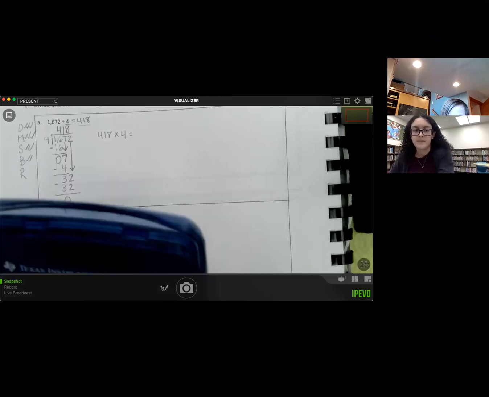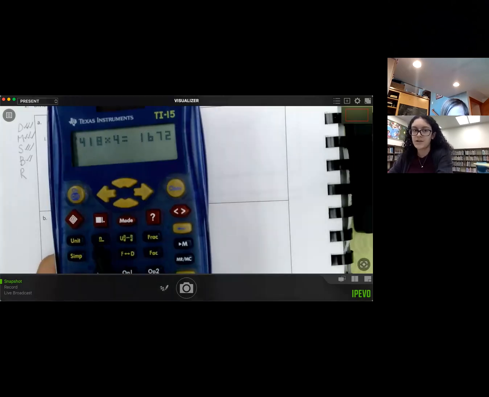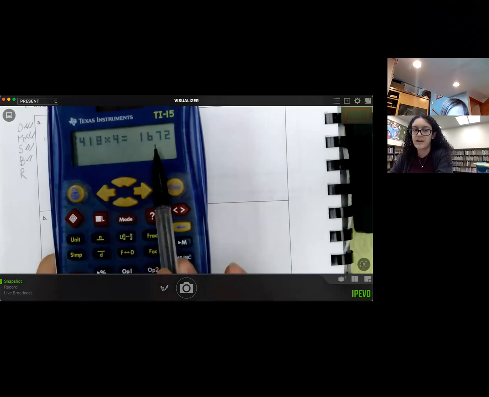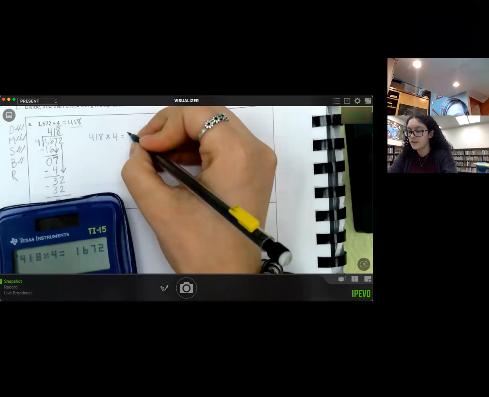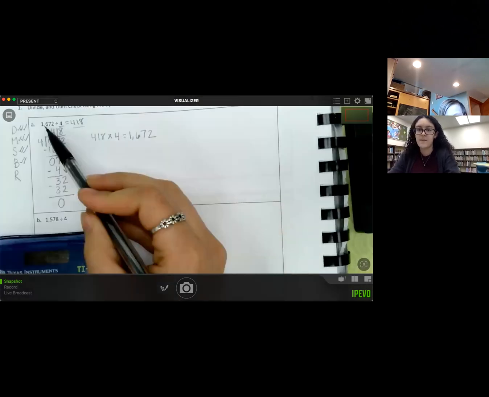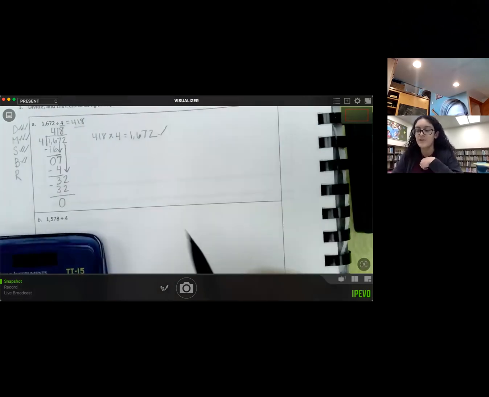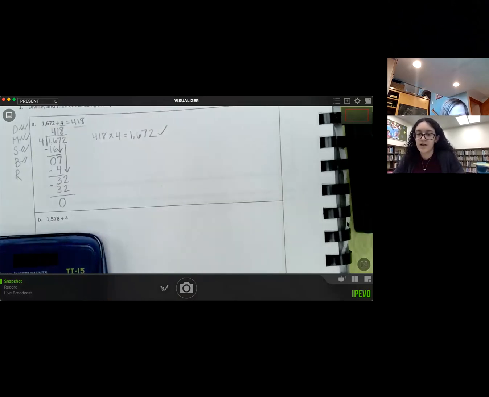All right, so when I multiply in my calculator, I did 418 times 4, I got 1,672. So I can write that over here. Does that match with my dividend? Yes. Right, so that means we did our division correctly. That's a good way to check to make sure that you did your dividing properly.